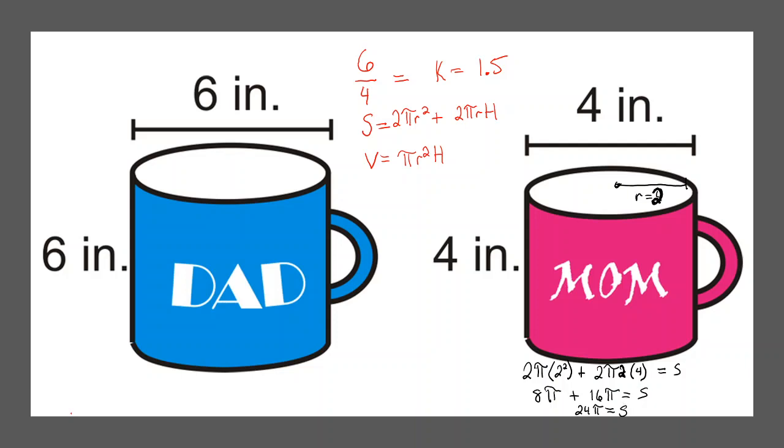Now I want to calculate the volume, which is pi r squared h equals the volume. Well, we already determined that r was 2, so it would be 2 squared times h, which would be 4 times pi equals the volume. So the volume would equal 16 pi.